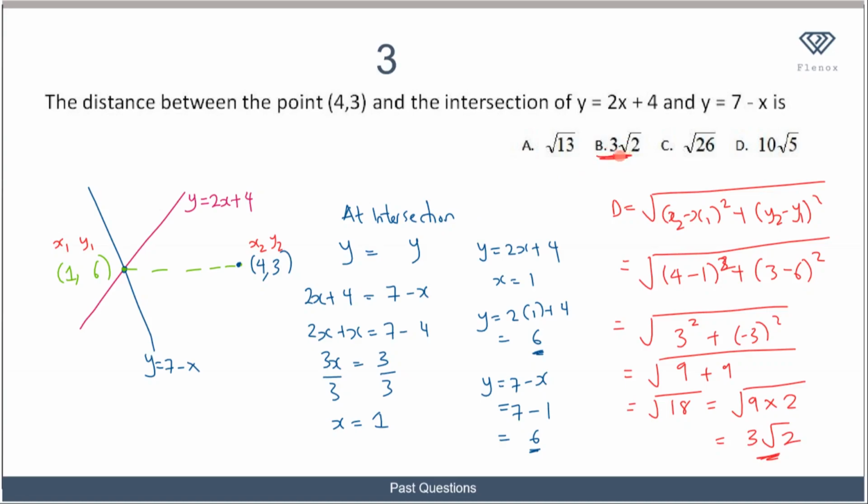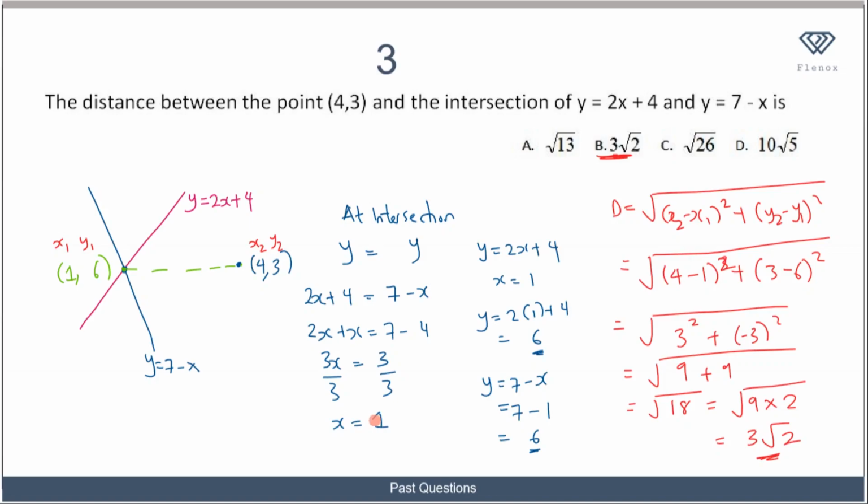So to recap, the first thing we did was that we tried to locate the coordinate of the intersection, and we said that at the point of intersection, the x and the y coordinates for both lines will be equal. So we equated their y value. So the y of this line is given as 2x plus 4 and the y of this line is given as 7 minus x. So when we equated them, we found the value of x.